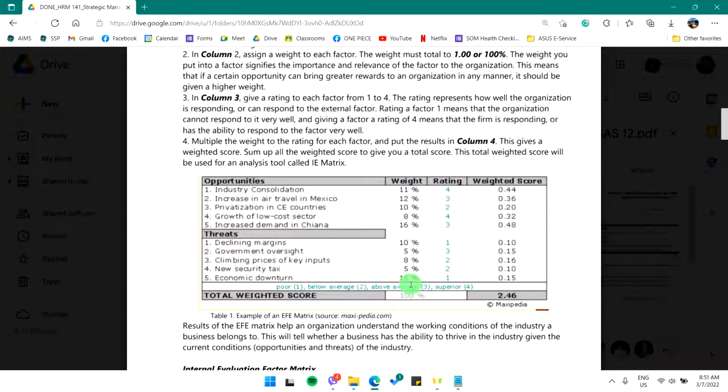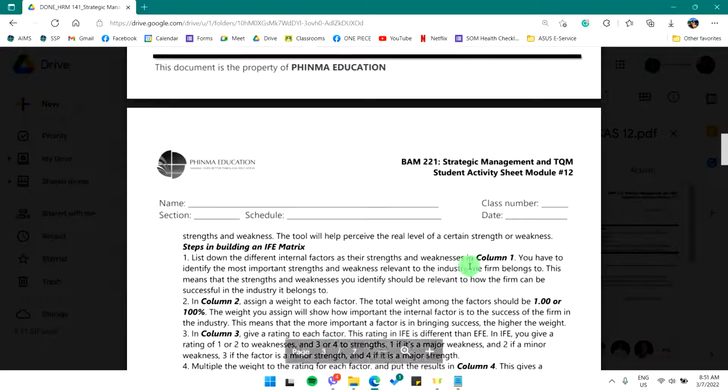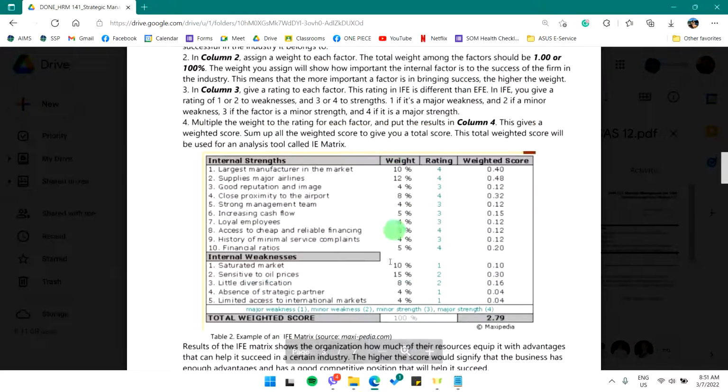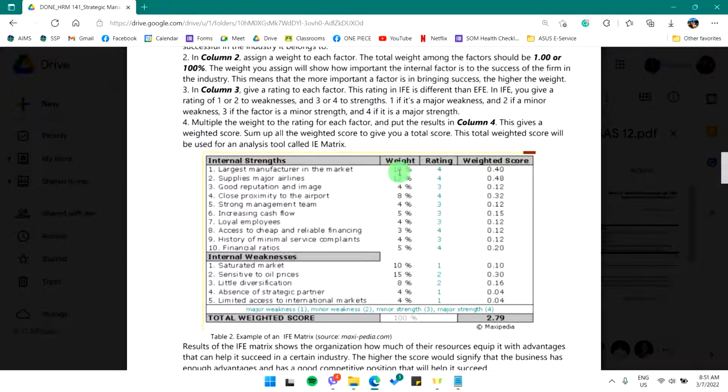But the most important thing here is dapat all of the weight values will be equal to 100% or 1.00. Depende kung ano yung gagamitin ninyo. Ang pag-rate naman ng weight value sa internal natin, sa strengths and weakness, is if this key factor contributes for the success of our company.